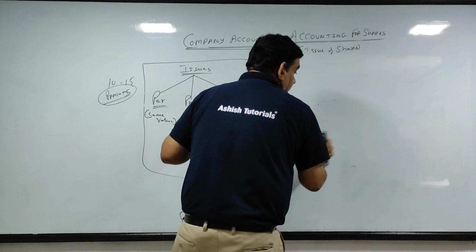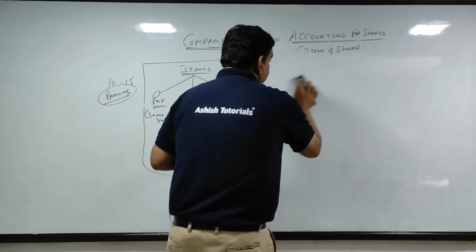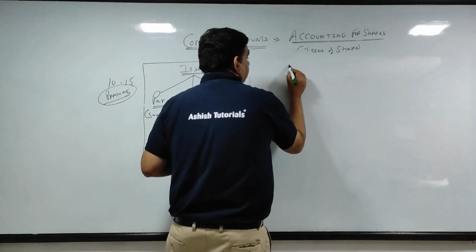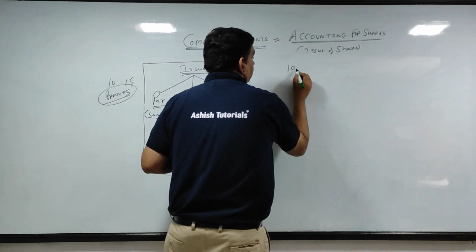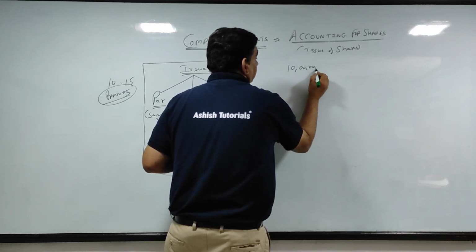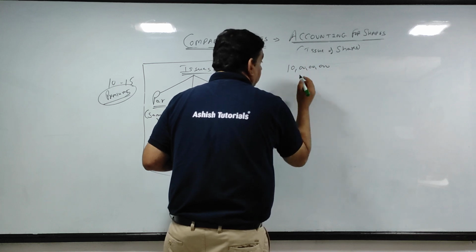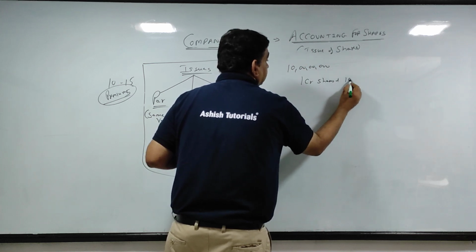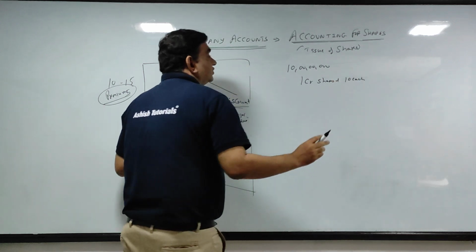When the issue comes, let's take the same example. How much was that? 10 crores amount, 1 crore shares of 10 each.